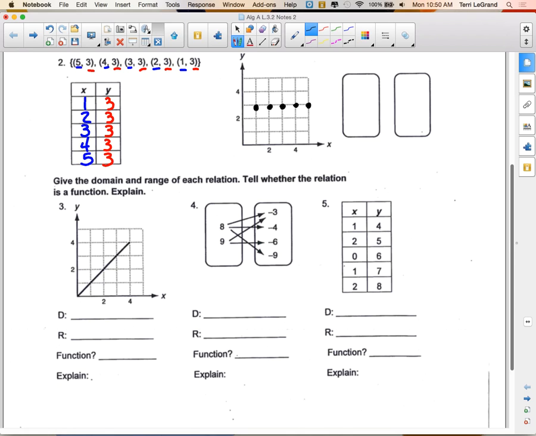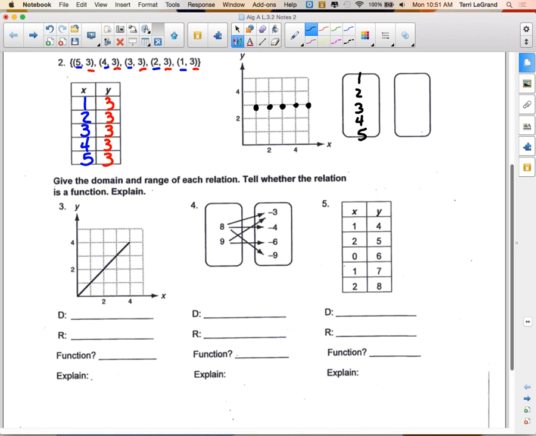What's that direction called? Horizontal. Okay. What are we going to do over here in our mapping diagram? What's that going to start out with? It's going to look just like our x values of our table because there's no repeats over here. So we can just move that over and say 1, 2, 3, 4, and 5.